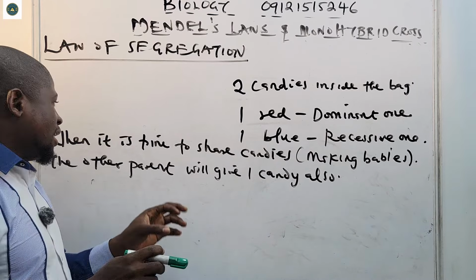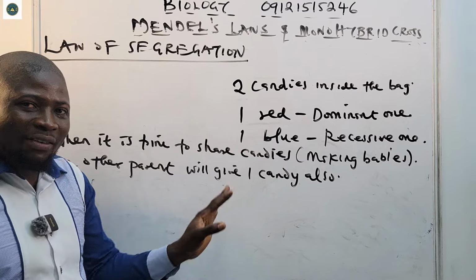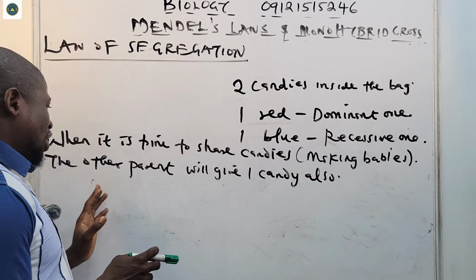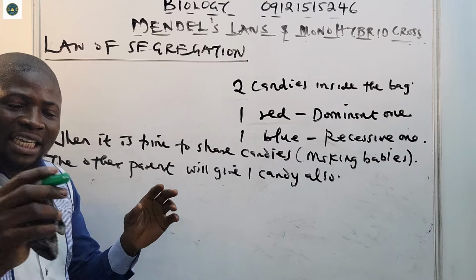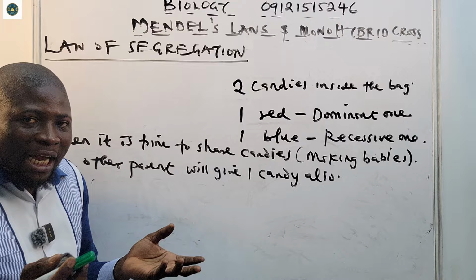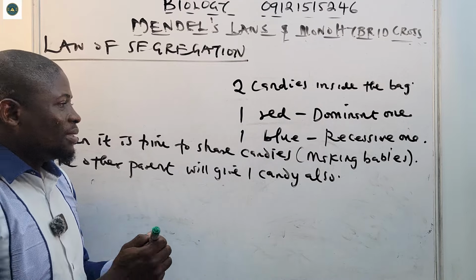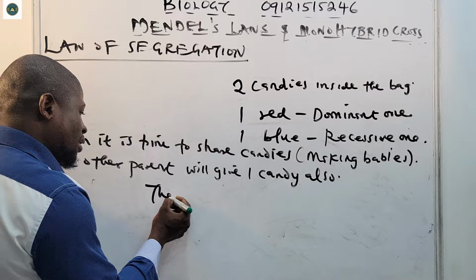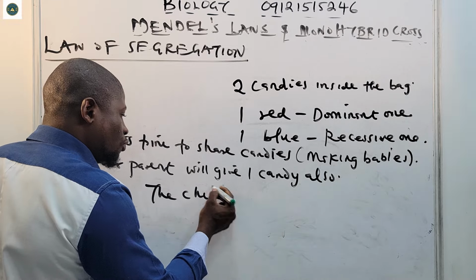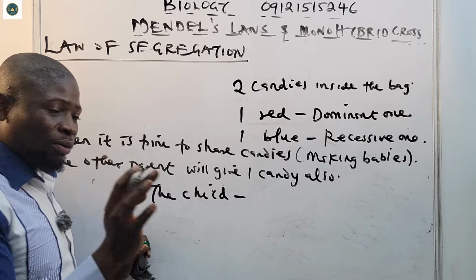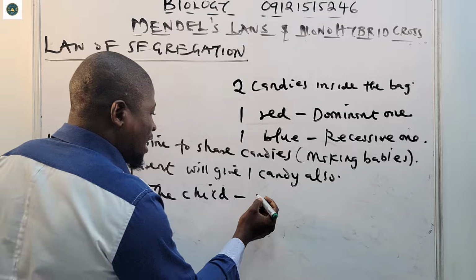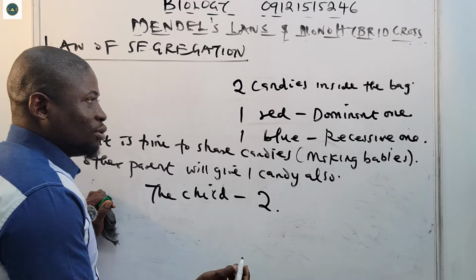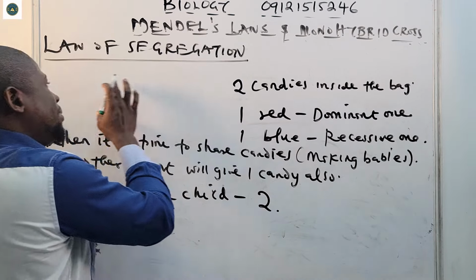You are giving one candy out to the child, and the other parent also is giving one candy out. So what do you observe? The child will end up with how many candies? Will he have 4 candies? No. The child will not have 4 candies, but 2 candies, because you had 2, the other parent had 2.